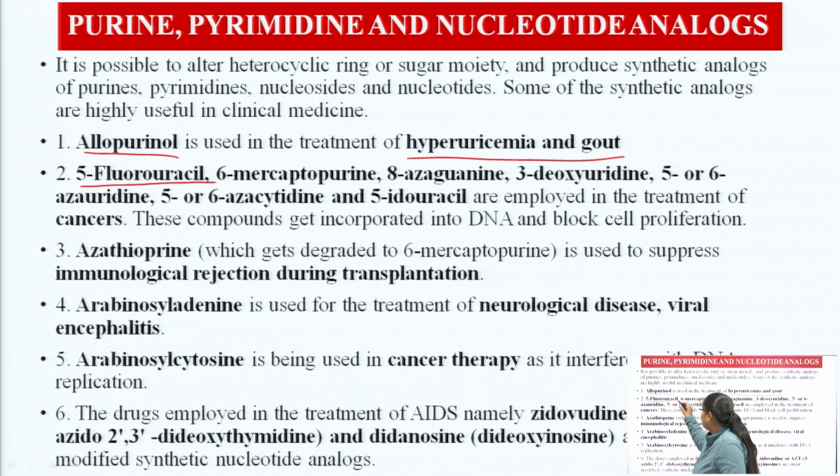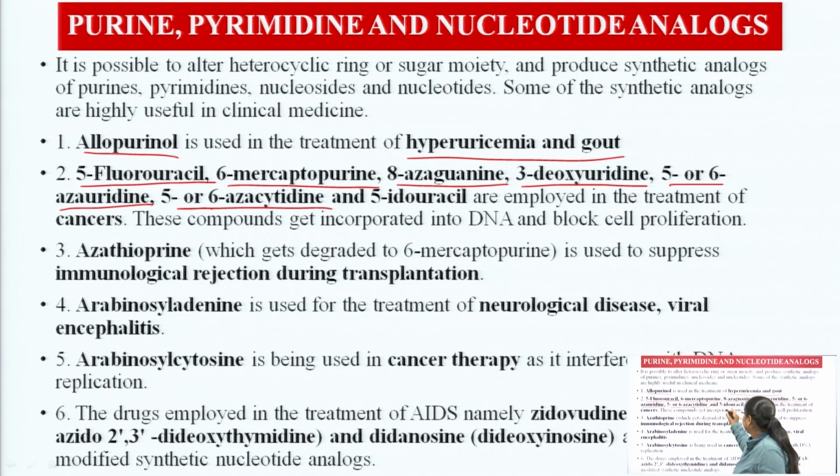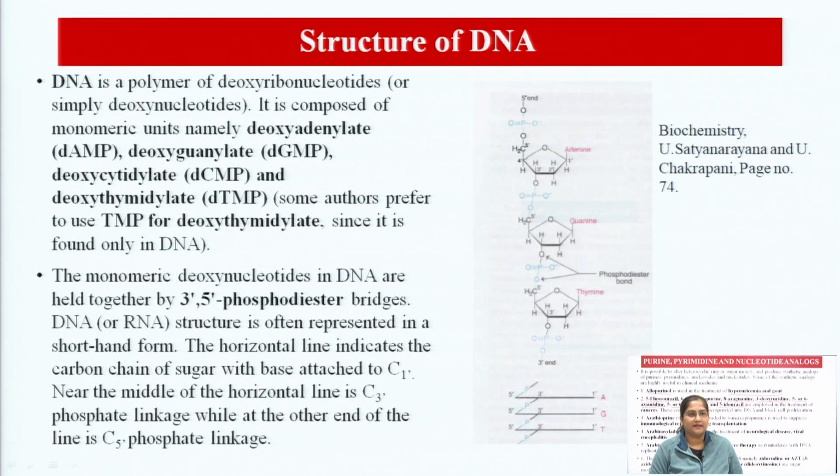Then 5-fluorouracil, which has uracil, 6-mercaptopurine, 8-azaguanine, 3-deoxyuridine, 5 or 6 azauridine, 5 or 6 azacytidine, 5-iodouracil; these are all analogs of purines, pyrimidines, or you can say nitrogenous bases. Okay. And there are so many examples.